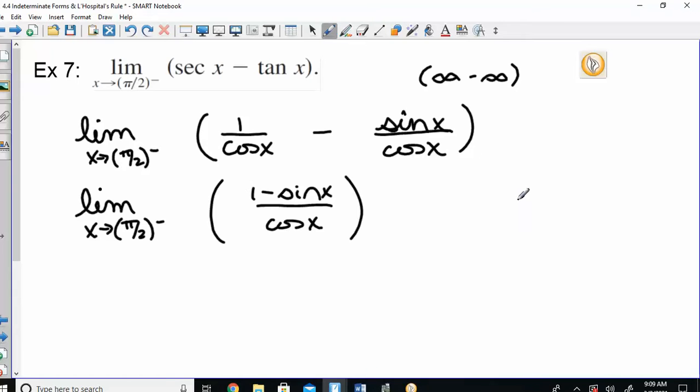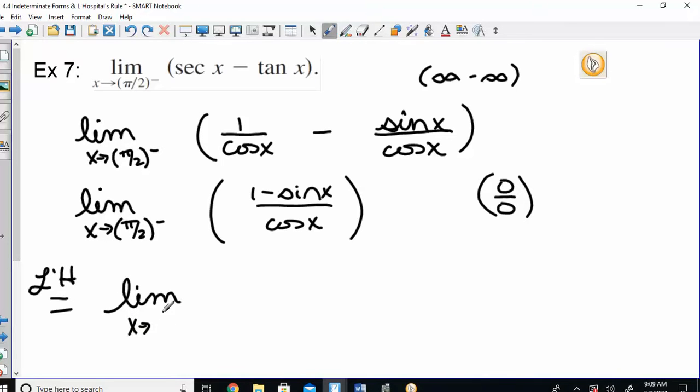Alright, let's see what we've got. So, sine of pi over 2, that's sine of 90 is 1, so 1 minus 1 is 0, over cosine of pi over 2 is 0. So it's currently 0 over 0, which tells me we need to do L'Hopital's. Alright, derivative of 1 minus sine x, and your cosine x.